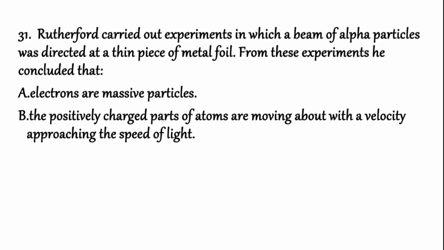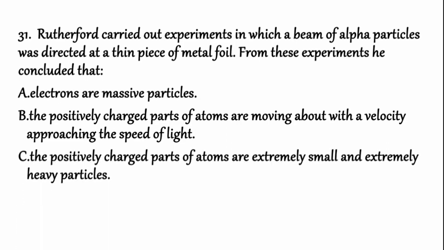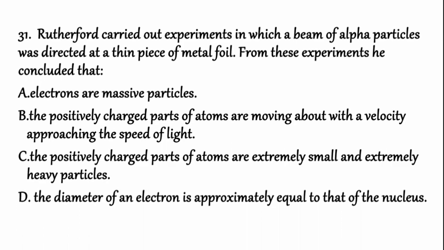B. The positively charged particles of an atom are moving about with a velocity approaching the speed of light. C. The positively charged particles of an atom are extremely small and extremely heavy. D. The diameter of the electron.